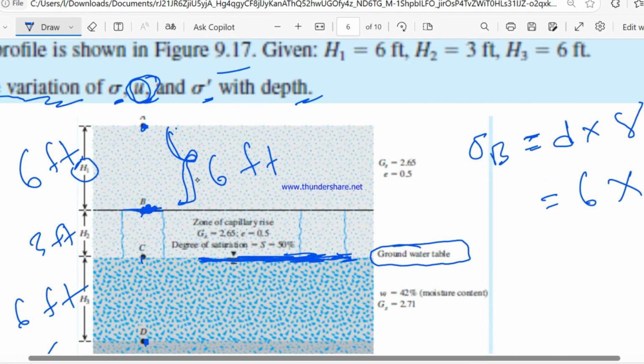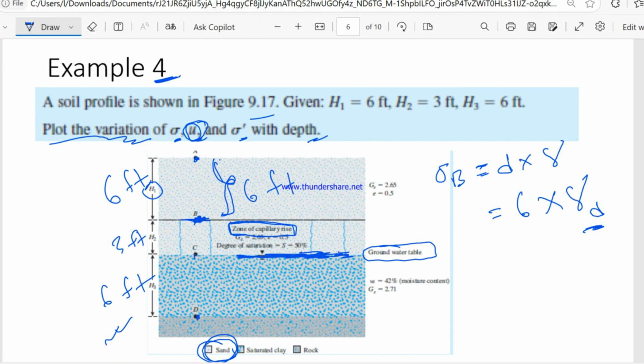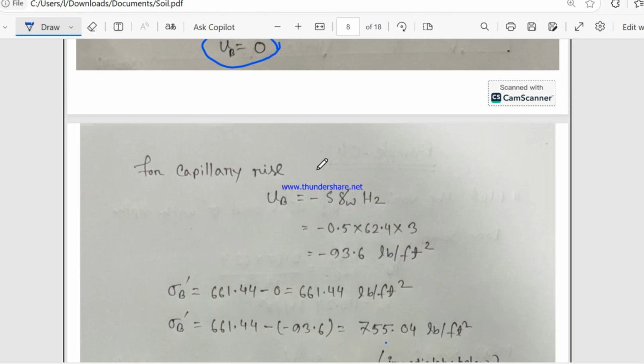but there is a condition. This is the zone of capillary rise, where water will rise. For this condition there is another pore water pressure, which is UB prime, and for capillary rise we know the formula is minus saturation into water unit weight into H2.